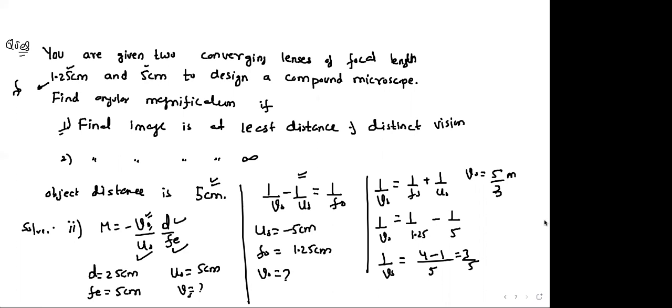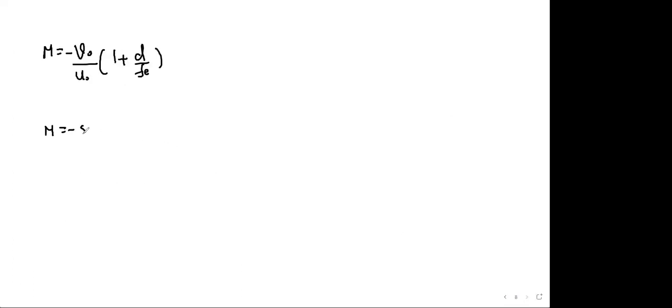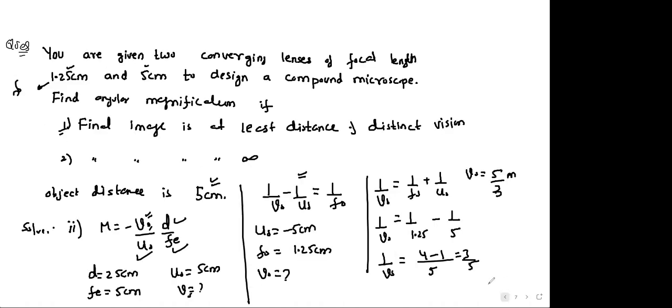Okay, Jumana, let's see what you are doing. M is minus of V naught by U naught times 1 plus D over Fe. Let's keep on substituting the values. How much is V naught? V naught is 5 by 3 only. How much is U naught?